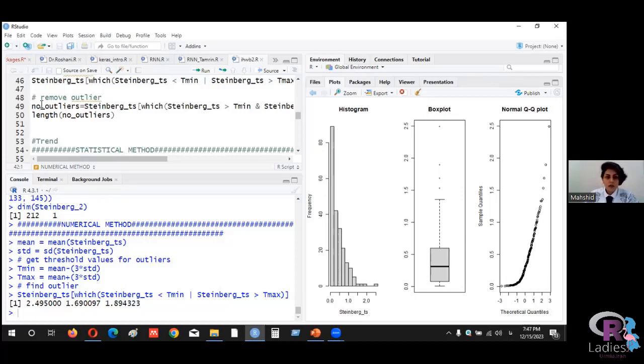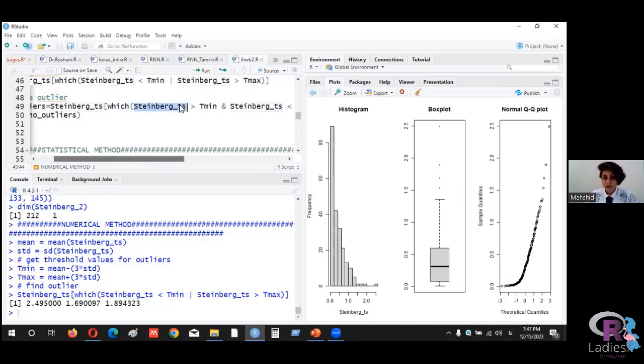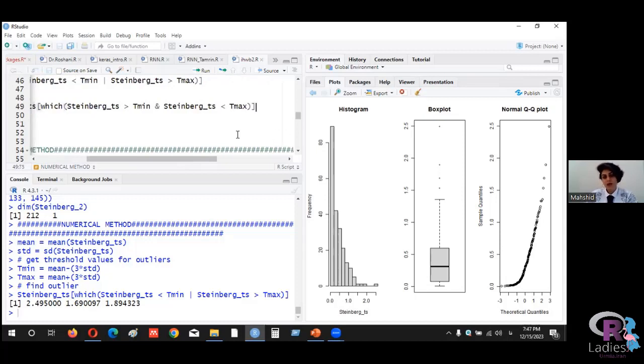Okay, now I want to remove the outliers. I know them, I know the amount of them. Now I have to remove them. For removing the outliers by using the numerical method, again, I use a function. It means that go through the time series and find the data which are more than T mean and less than T max.